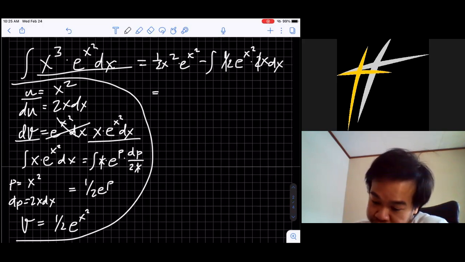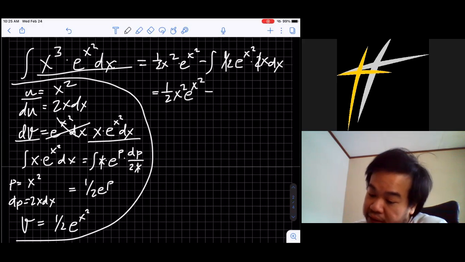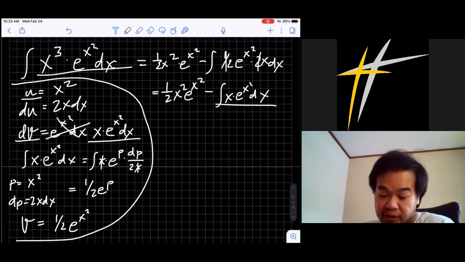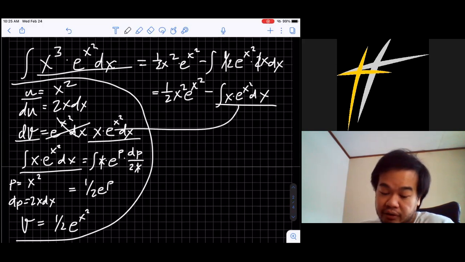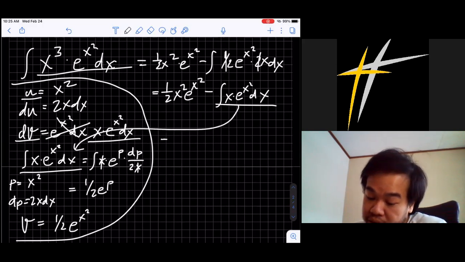So it's equal to half x squared e power of x squared minus the integral of x times e power of x squared dx. And apparently we have it here already. So it's equal to half x squared e power of x squared minus half e power of x squared plus C.